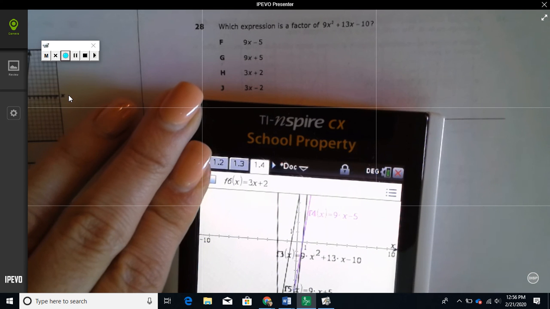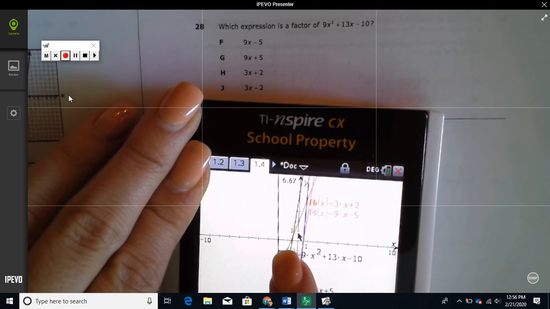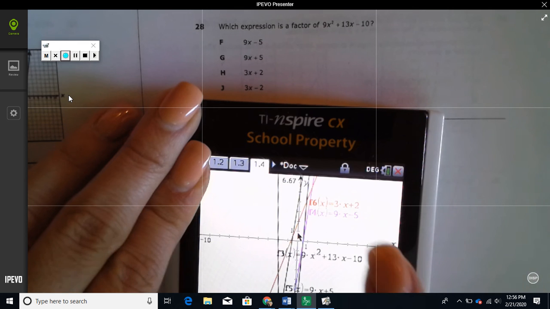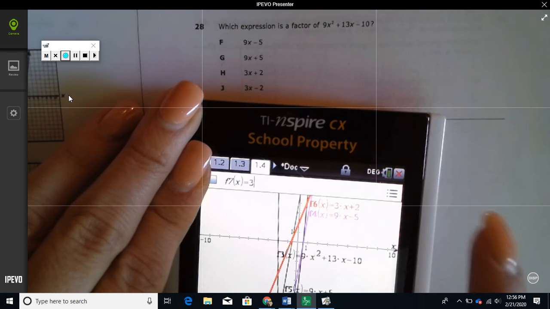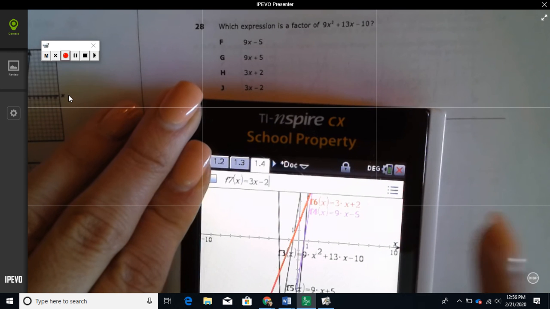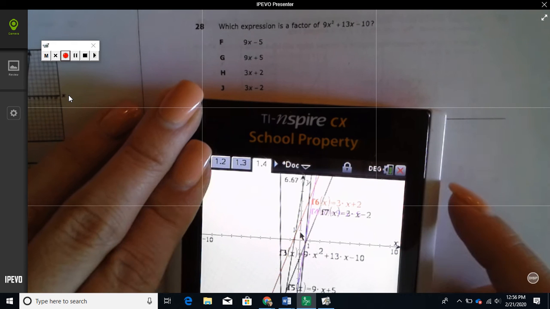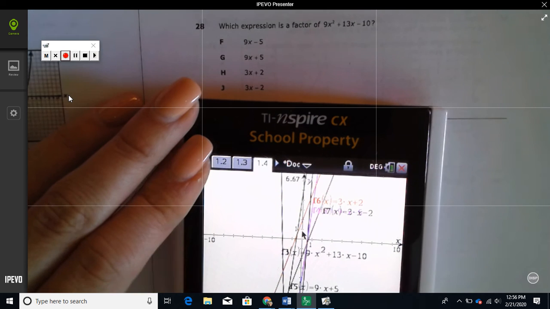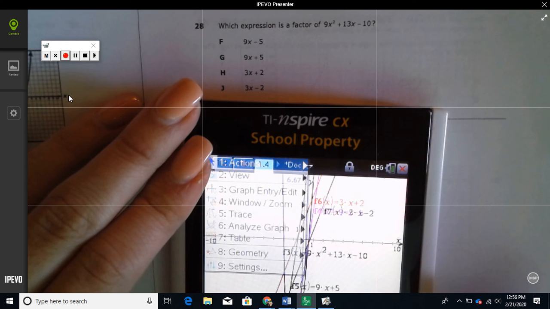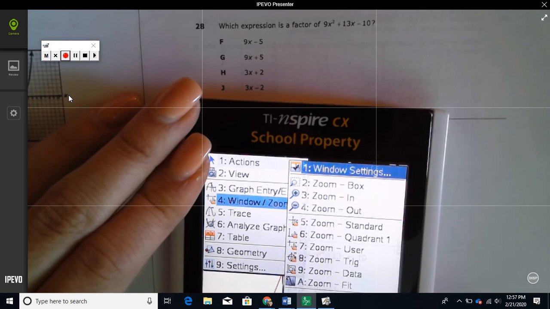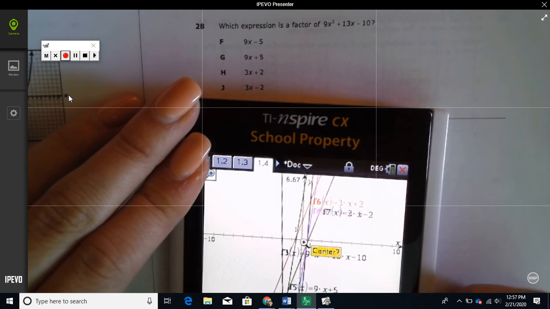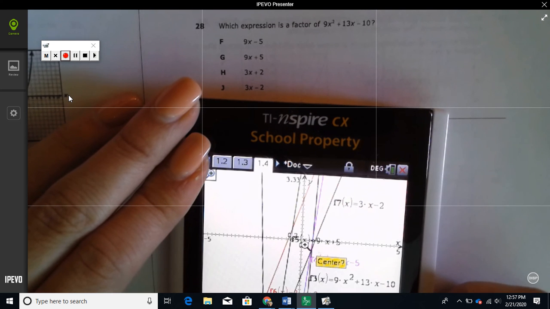The heart is there and there. And then the other one, 3x minus 2. Let me zoom in. I'm going to check. See, it doesn't. Just the first one did. You can see that one doesn't go through the heart.